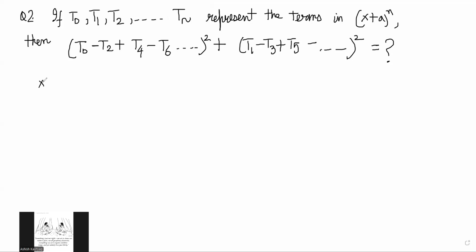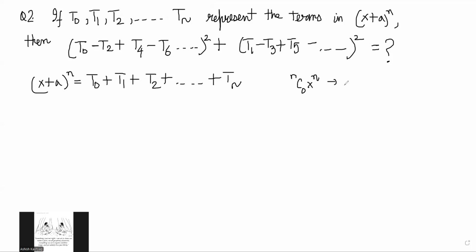Now, we know that (x + a)^n is equal to t0 plus t1 plus t2 till tn, right? Basically, if you think about what these terms look like, they will be nC0 x^n, that is your t0, nC1 x^(n-1) a, that is your t1, nC2 x^(n-2) a^2 is your t2 and so on, right?